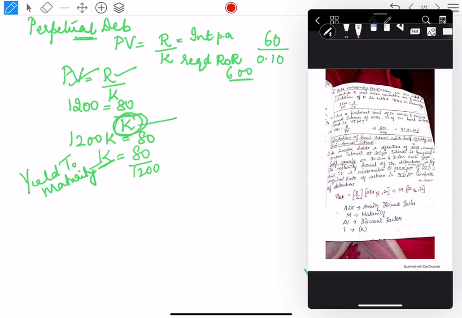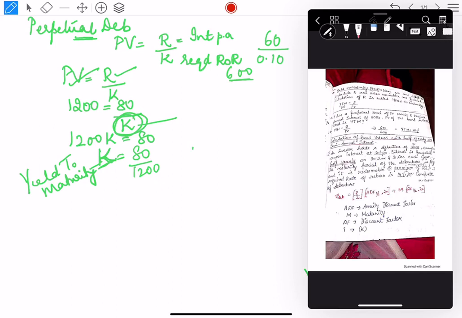We refer to it as yield to maturity. When we are asked to calculate the required rate of return and the other variables are provided here, the K represents something called yield to maturity. Sometimes textbooks may refer to it as yield to maturity.